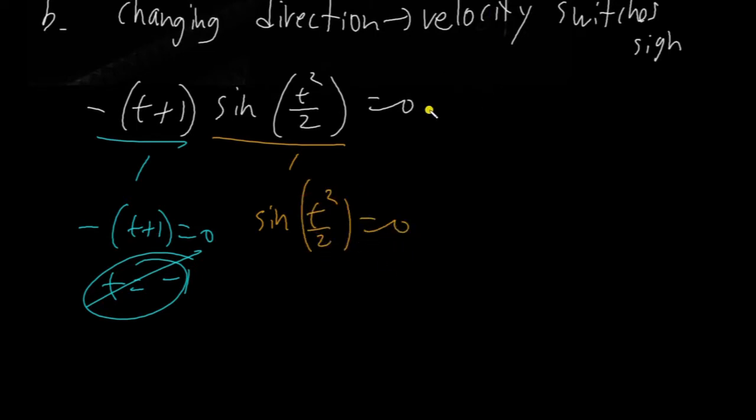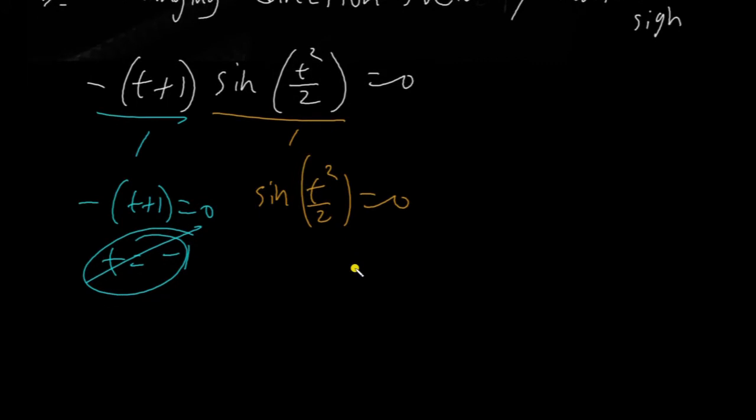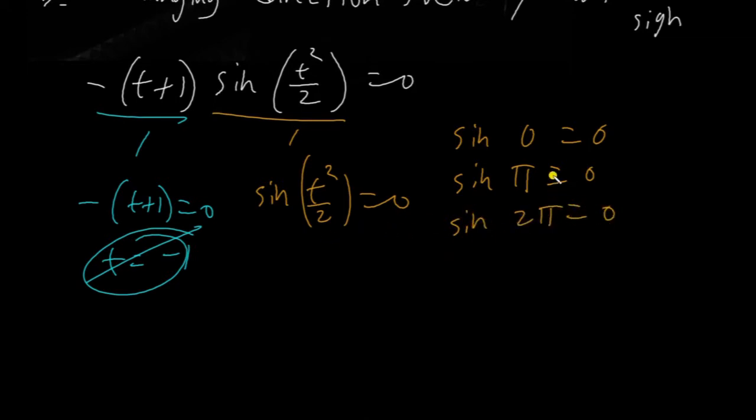So what are all the values of sine of something that could equal 0? Well, if we just list different things that we know, sine of 0 equals 0. We know sine of pi equals 0. And we know that sine of 2 pi equals 0. There could be more. There are definitely more.